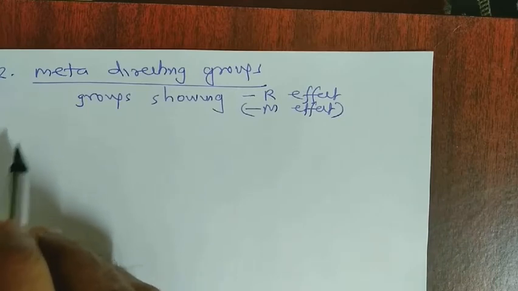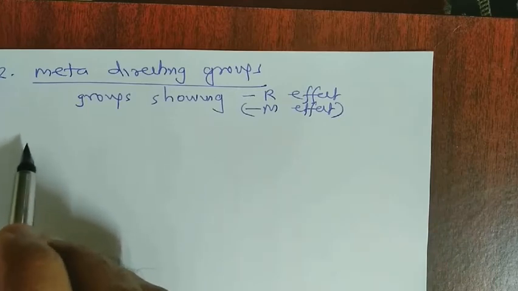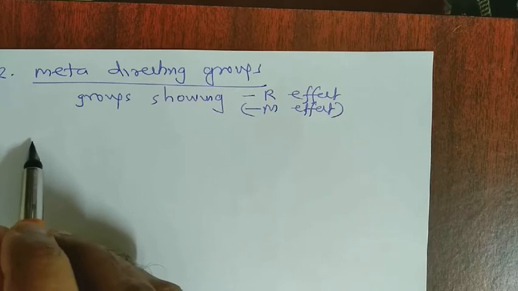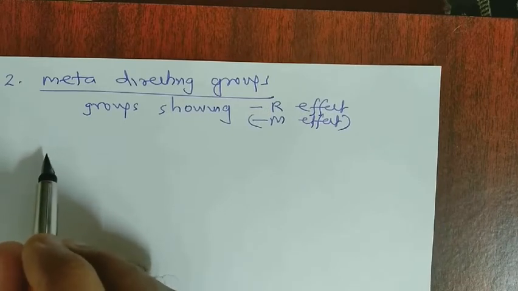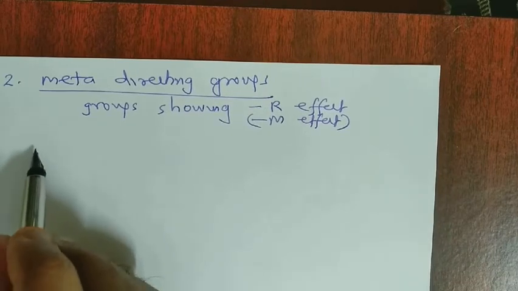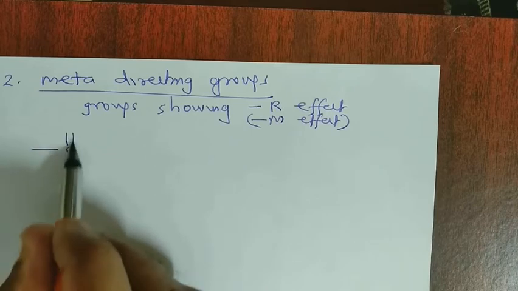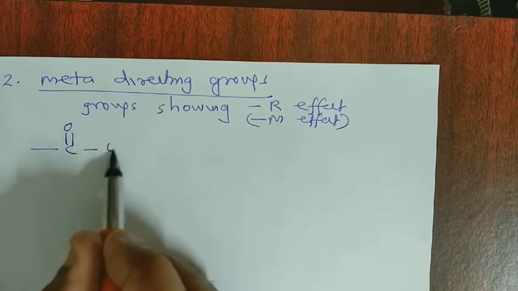Examples of meta-directing groups are all functional groups bonded to the benzene ring using an atom involved in a double bond or a triple bond. As an example, the COOH group.